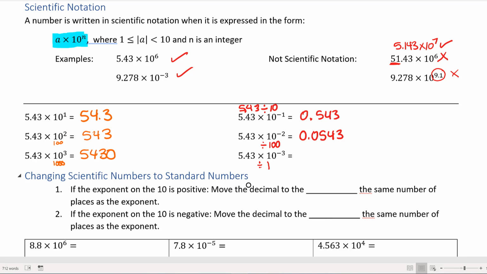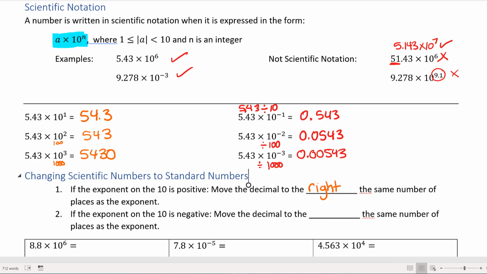Remember, dividing by powers of 10 is actually really easy. So when we divide by 10 to the 3, that's like 1,000. So this turns out to be 0.00543. If we look at these examples, if the exponent on the 10 is positive, like the numbers in the left column, all you're going to do is move the decimal over to the right the same number of places as the exponent.